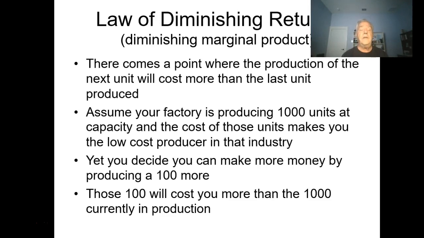So the average marginal cost, the average total cost of those additional 100 units will be more than the average total or marginal cost of the 1,000 you've already produced. Again, we can illustrate this with the cost of labor. To produce 100 more, we've got to add hours to our workforce, and hours cost time and a half.